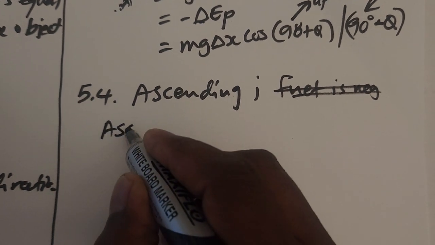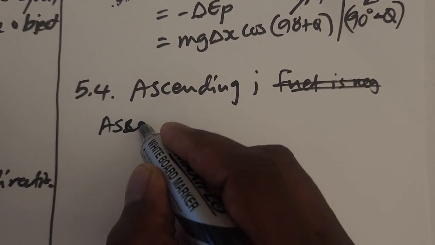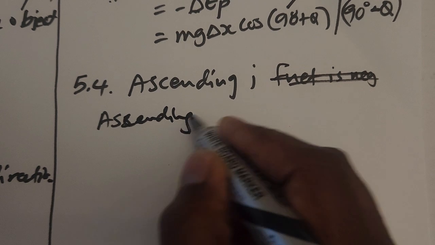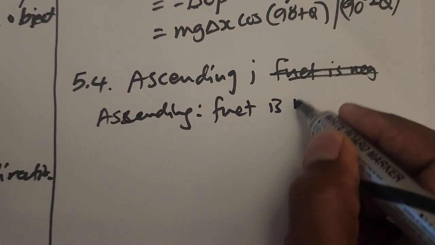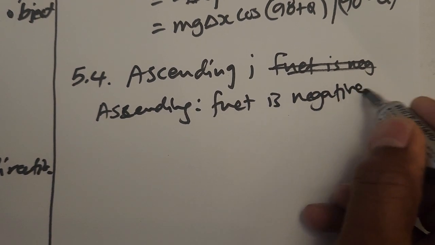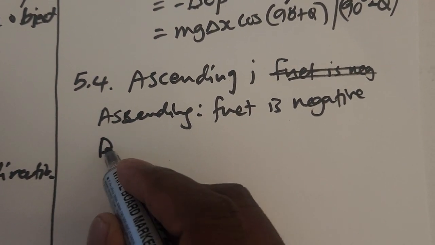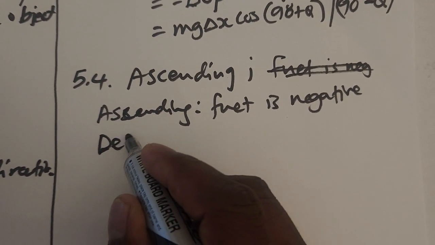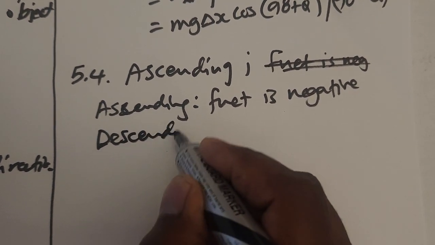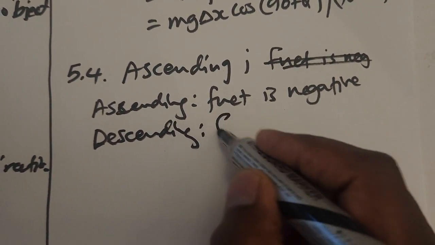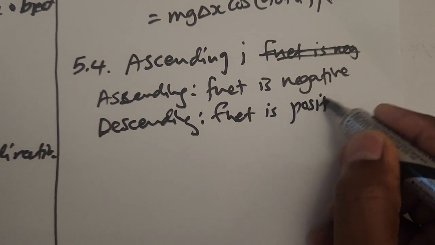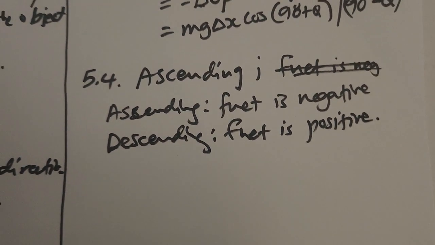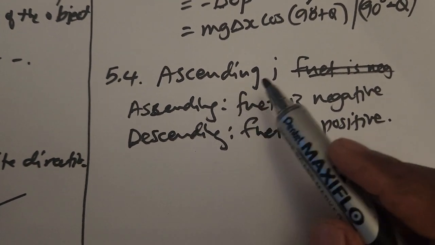or maybe let's talk about this one. Then we'll say ascending, F net is negative, whereas descending, F net will be positive. So you can come up with all sorts of reasoning here.